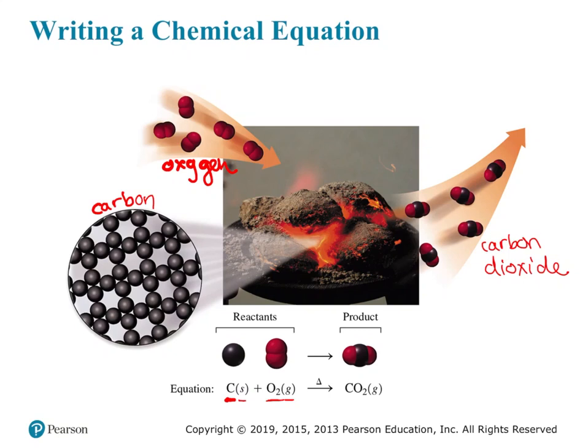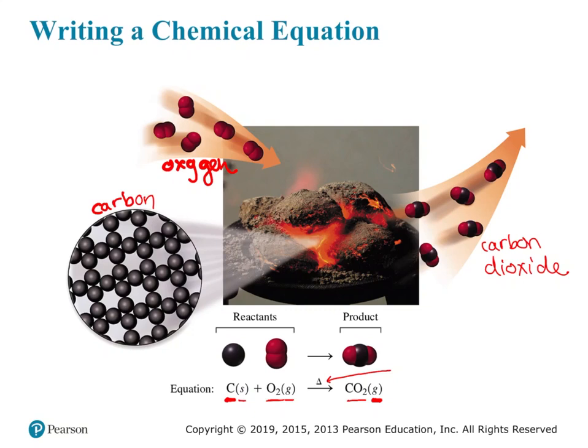And then once those reactants combine, we end up with our product, which will be on the right of this arrow here. And that is CO2, carbon dioxide. And this is also a gas, so we would write a g in parentheses. Now, above the arrow, there's a little delta symbol. And previously, we've used delta to mean change.